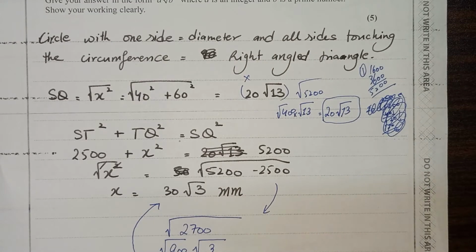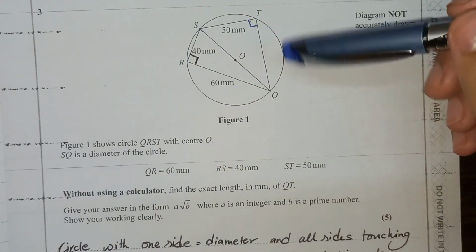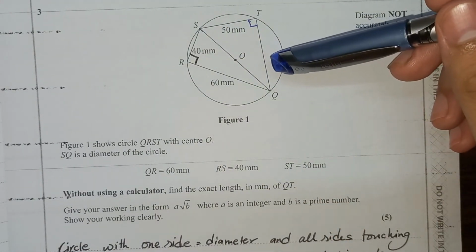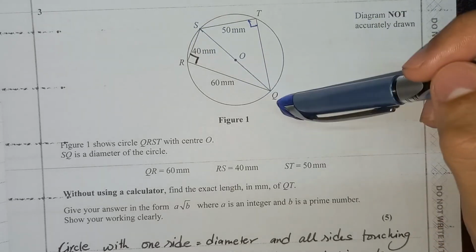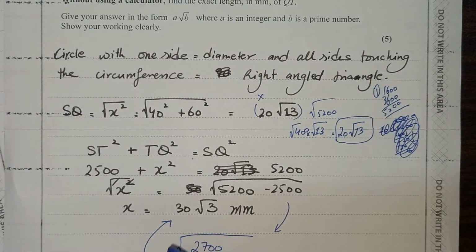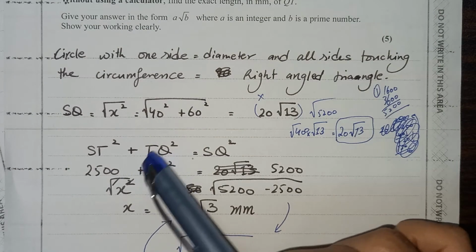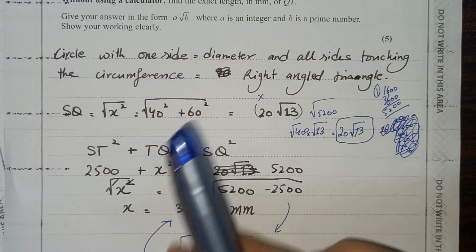Now for QT, we will use the Pythagoras theorem again, using the length of the hypotenuse and the length of ST to find QT. Using that again, ST squared plus TQ squared is equal to SQ squared.